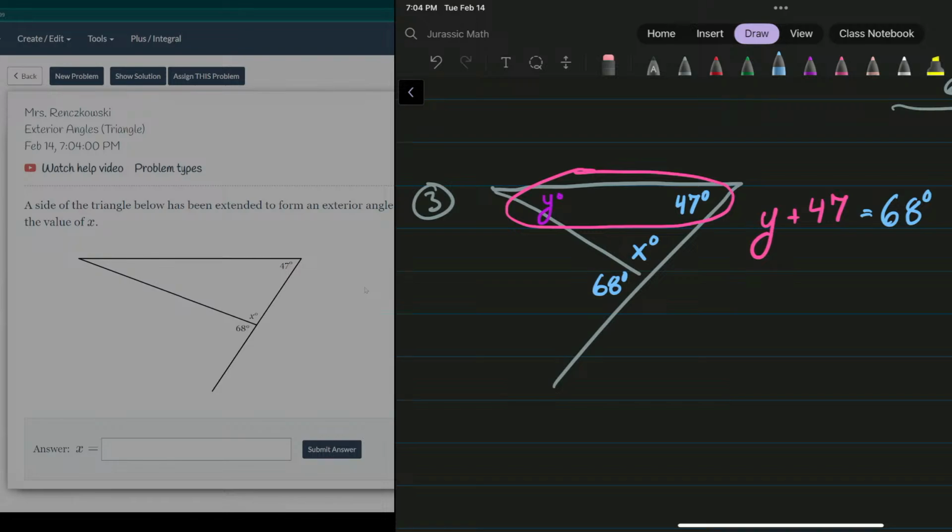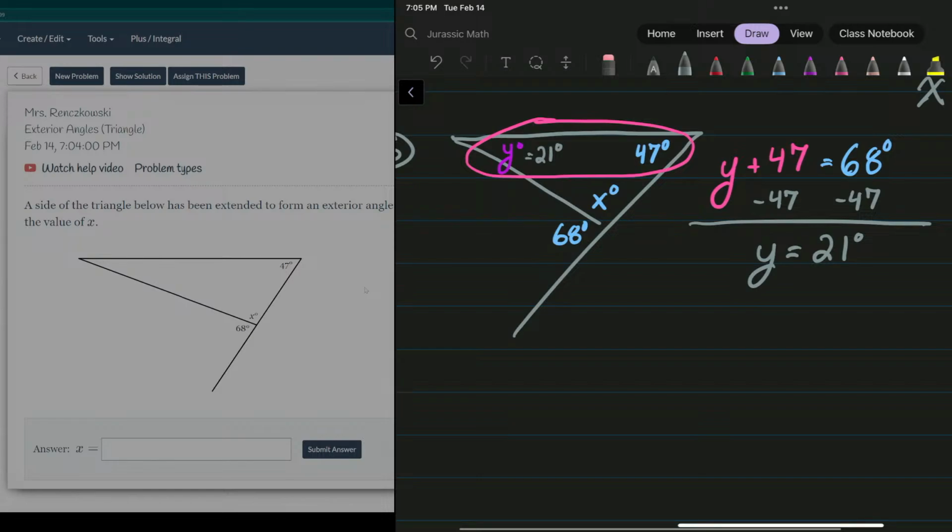Which means, house method, take away 47, take away 47. We get y equals 21 degrees.